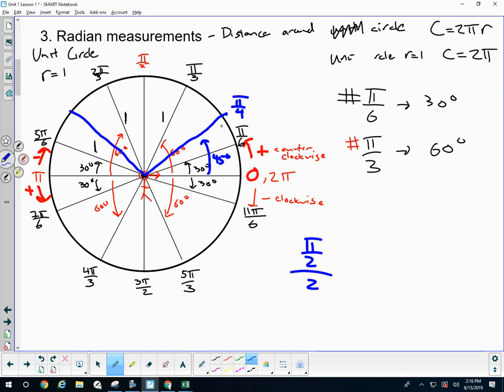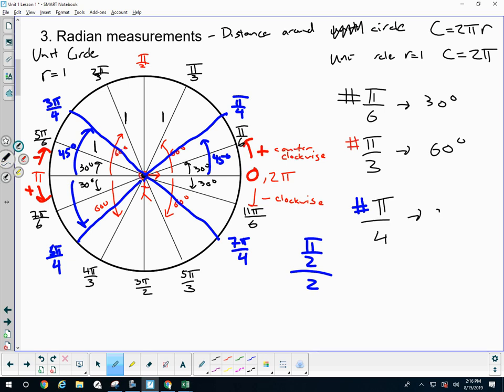So this is 1 pi over 4, 2 pi over 4, 3 pi over 4 creates a 45-degree angle with the x-axis. 4 pi over 4, 5 pi over 4, 45 degrees again. 6 pi over 4, 7 pi over 4, 45 degrees again. All of my pi over 4s create 45-degree angles with the x-axis.